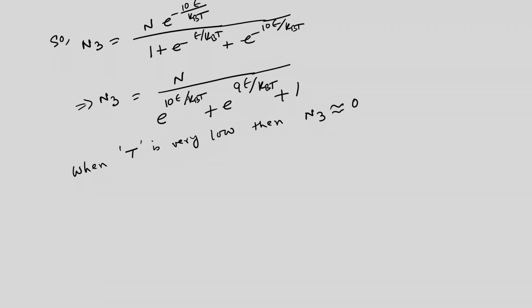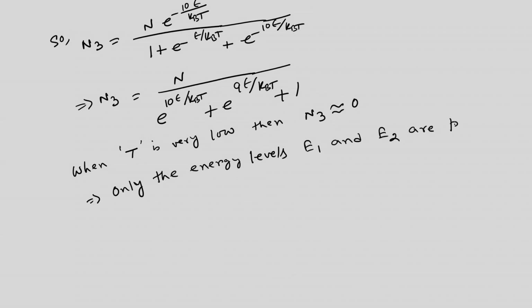So, in the denominator we have the 10 epsilon by kBT term. So, when T is low, these values are very high. So, we get N3 is very small or close to 0. So, only the energy levels E1 and E2 are populated at low temperature.